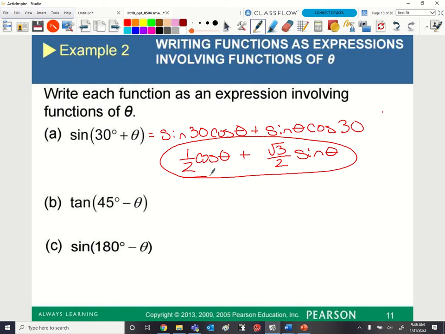Now for B, I'll move it over to another sheet because tangent's kind of annoying, since it's a fraction, and fractions of fractions. All right, so tan of 45 minus theta. I have to go to my reference sheet to figure out this one.